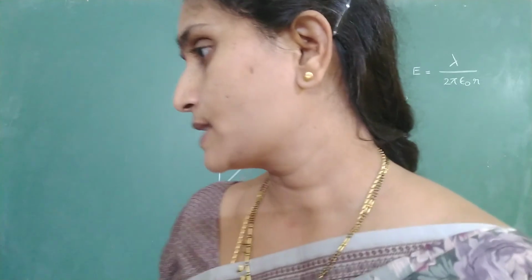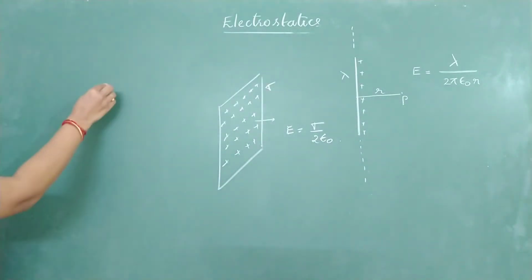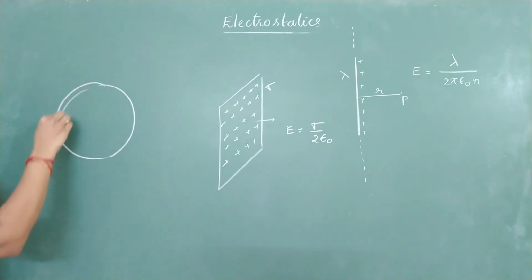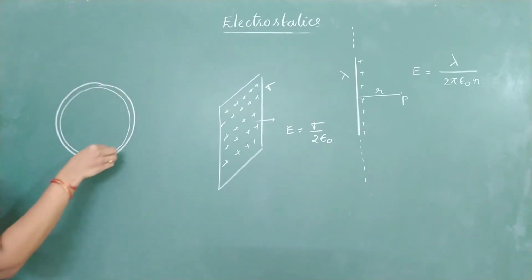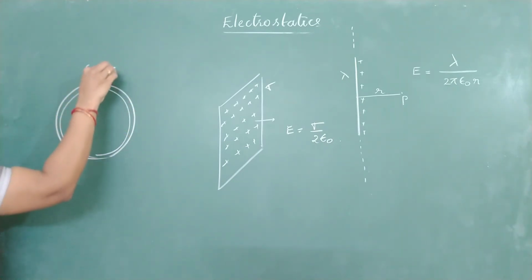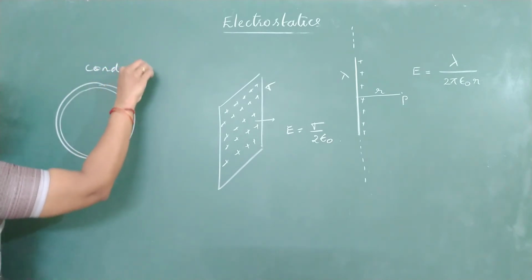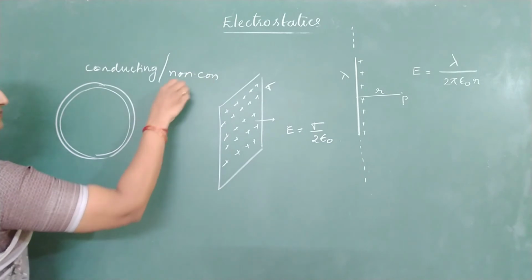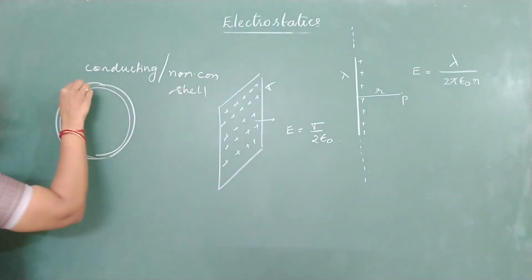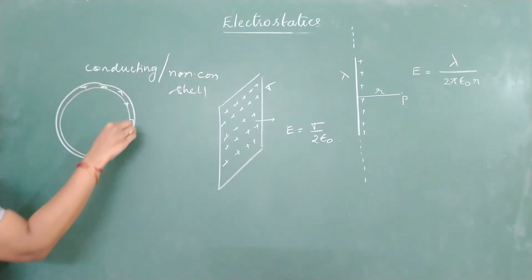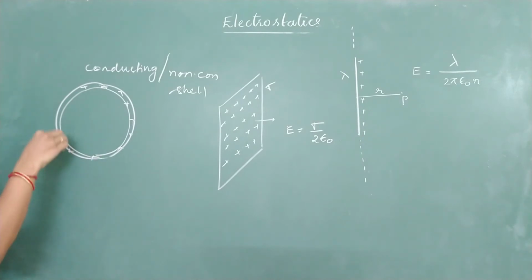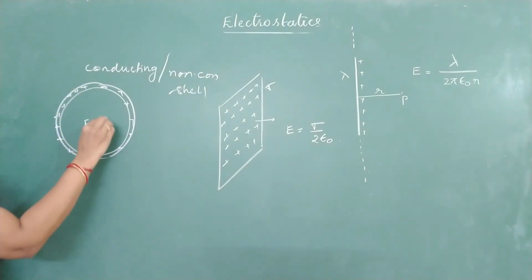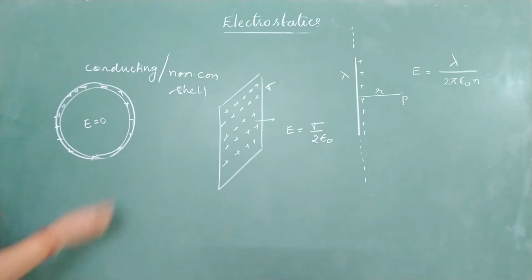And then for spherical charge distribution, if it is a conducting or non-conducting shell, if charge is uniformly distributed on the surface, what is electric field inside this shell? 0.